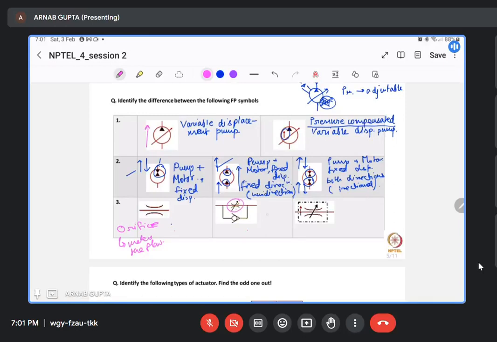But here another thing comes into picture, that is this particular non-returning valve. So what happens when the flow happens from this particular direction? Then it flows through the orifice. It can't flow through here because this NRV will not allow the flow to happen from this line.